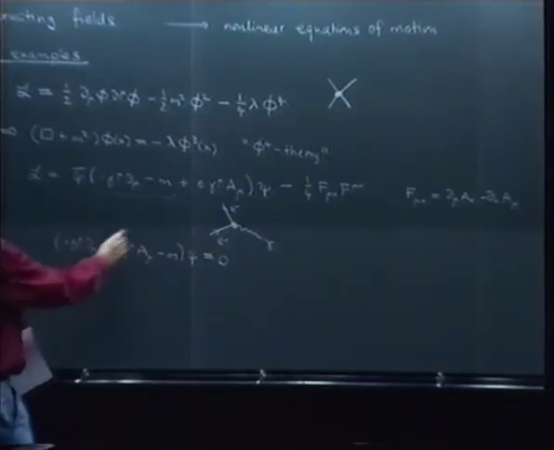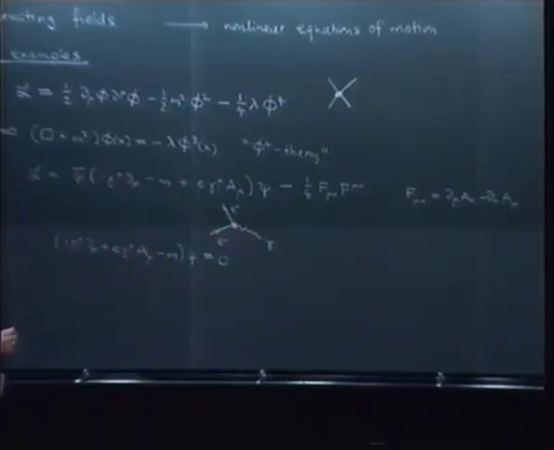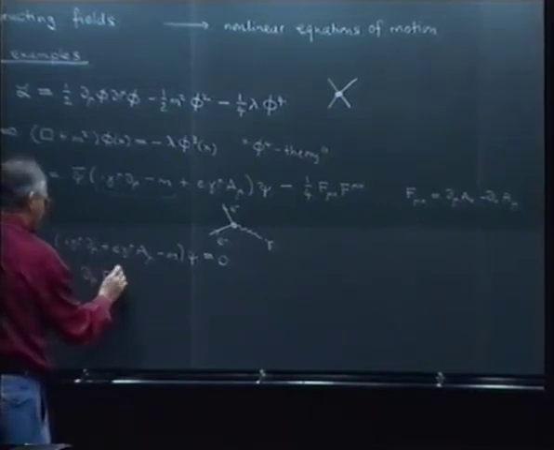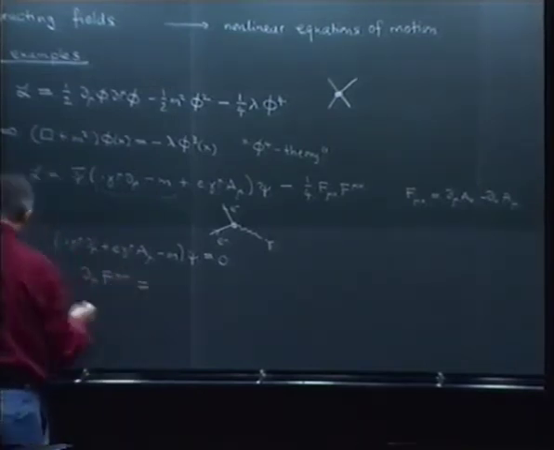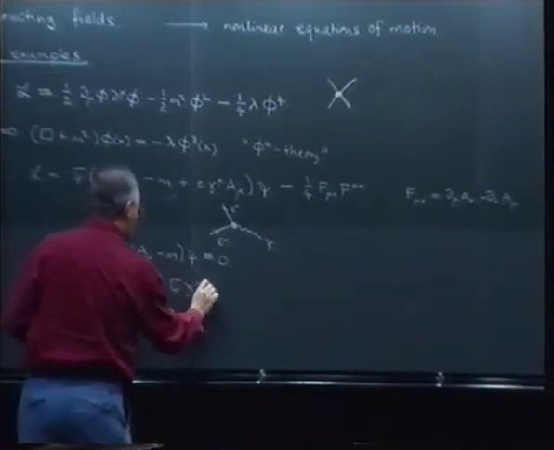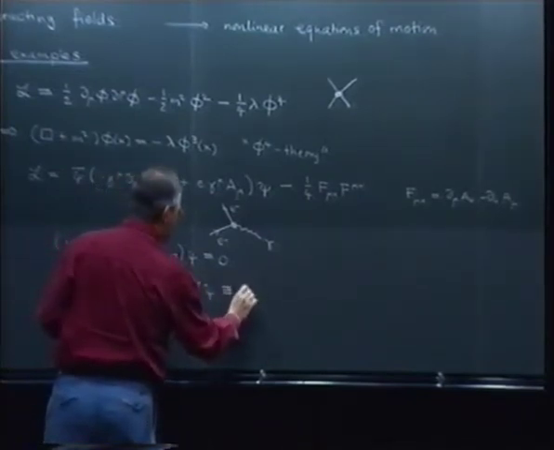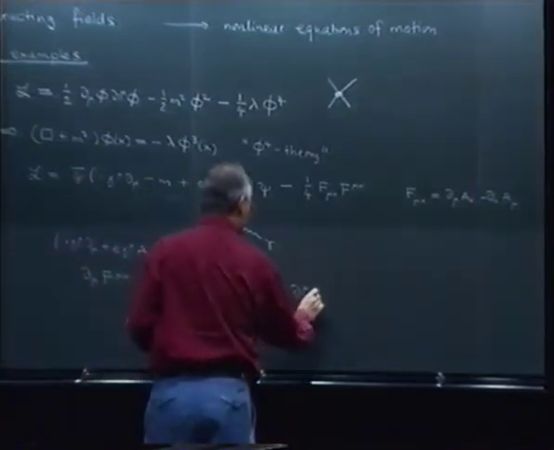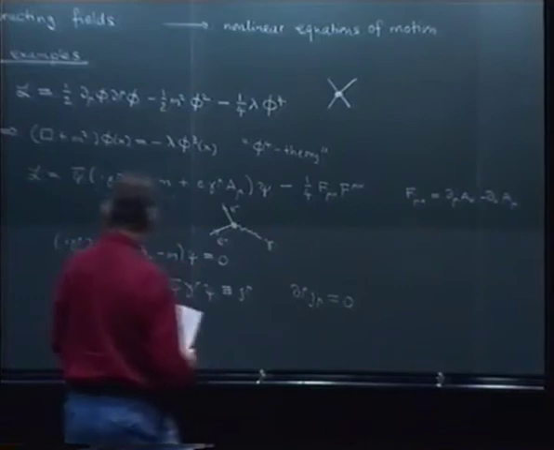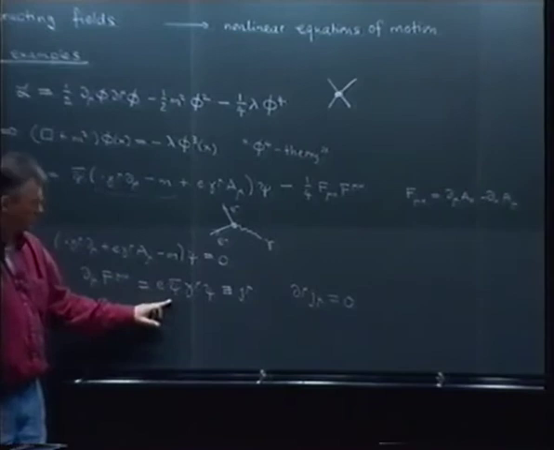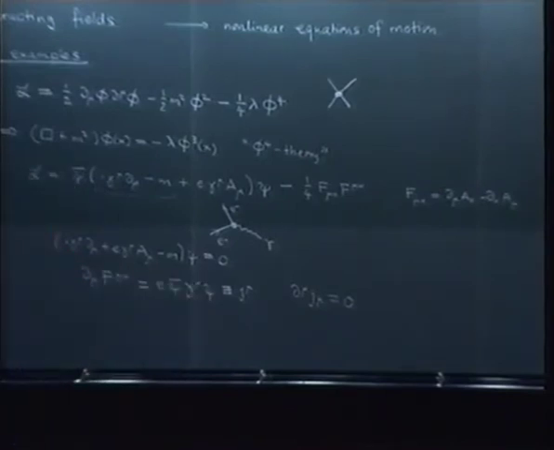And if you vary this Lagrangian with respect to A_mu, you will find that d_mu F^mu nu is equal to plus e psi bar gamma^nu psi, and this I call a current. This is the electric current, and it's conserved. So what you have here is Maxwell's equations with a source term on the right-hand side, which is just the electric current.